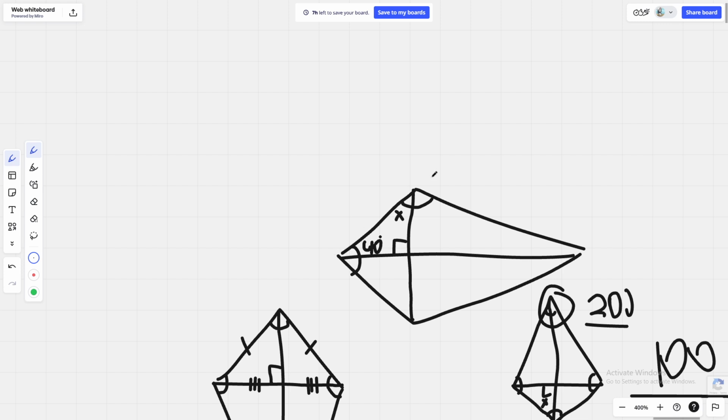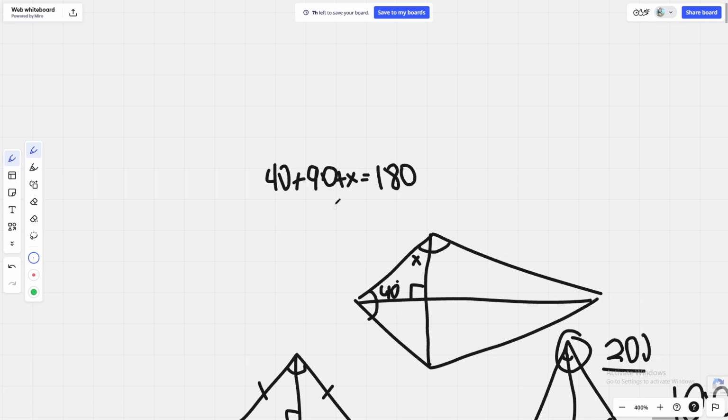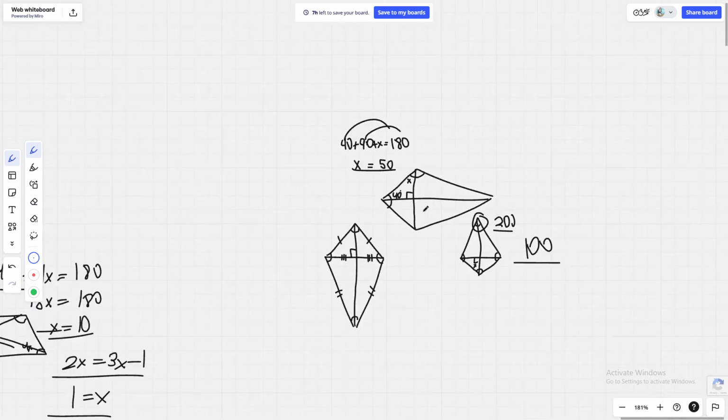So this is a right triangle, and from the triangle sum, we can say that all the angles add up to 180. So we have the given 40 and 90 since they're perpendicular, and x is equal to 180. Once we transpose everything, we have x is equal to 50.